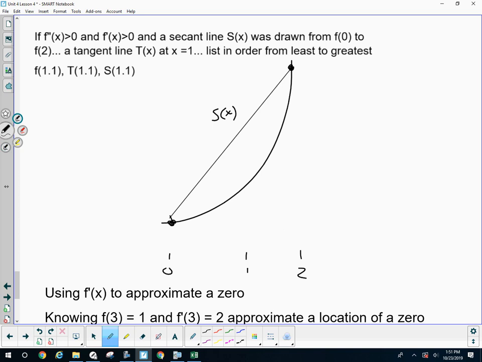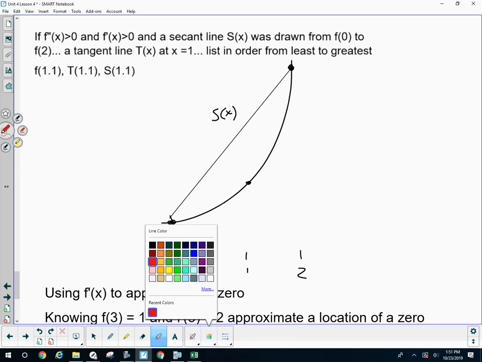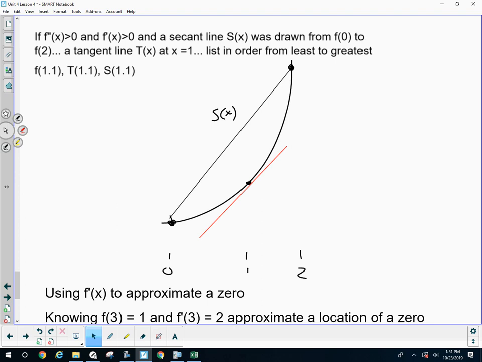Draw a tangent line at x equals 1. Maybe it's a mean value theorem situation, maybe it's not. The slopes don't have to be equal. So this is t of x, that's s of x, and then we have our f of x.